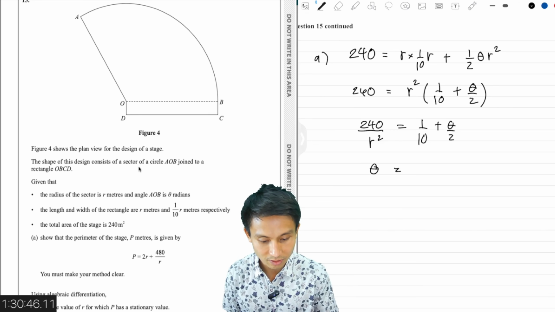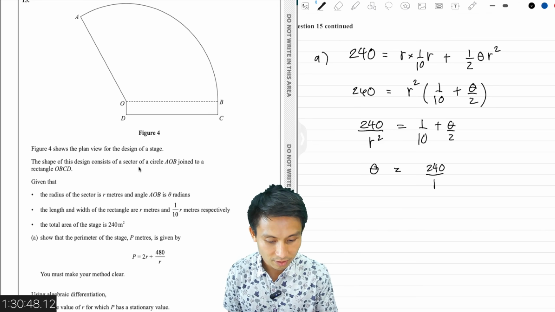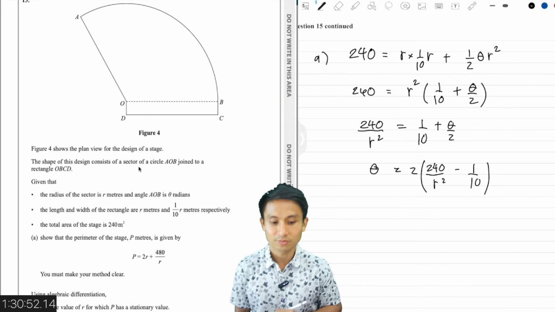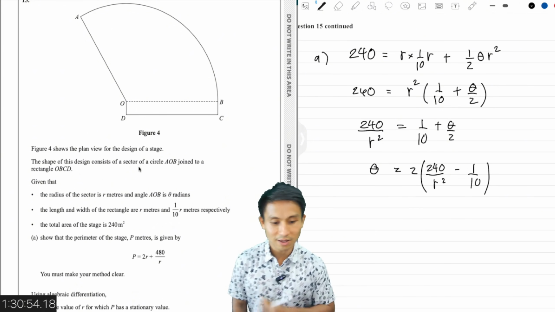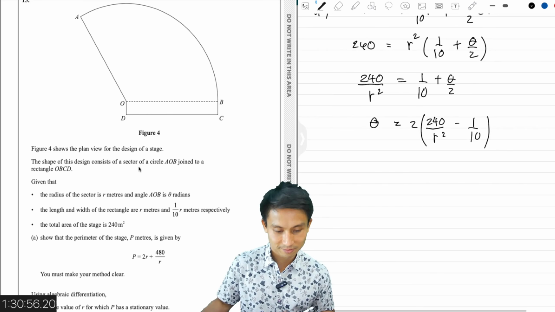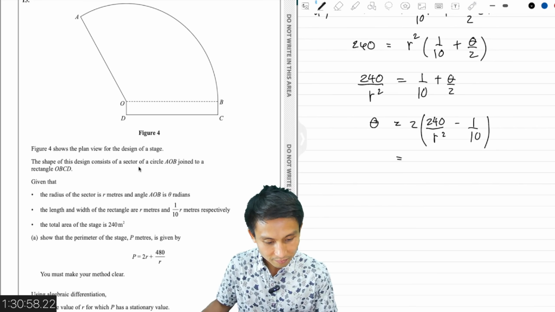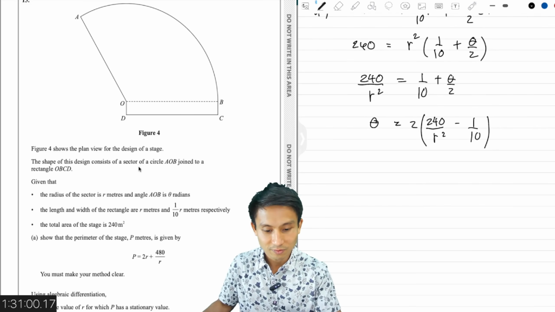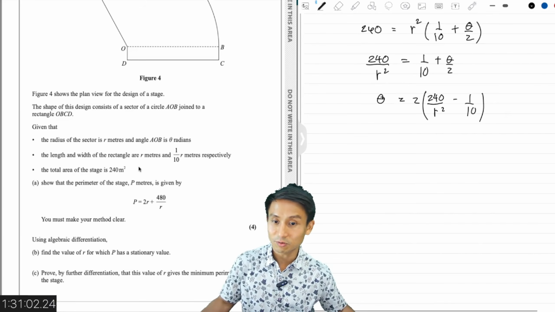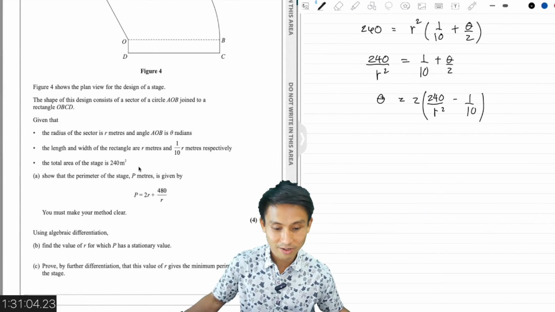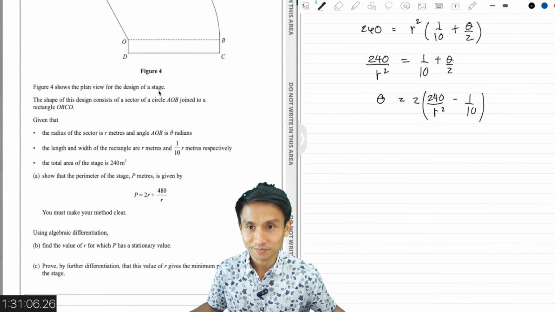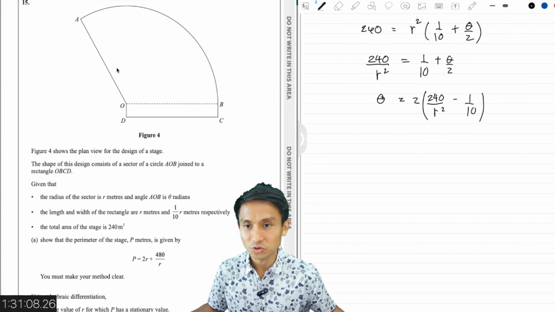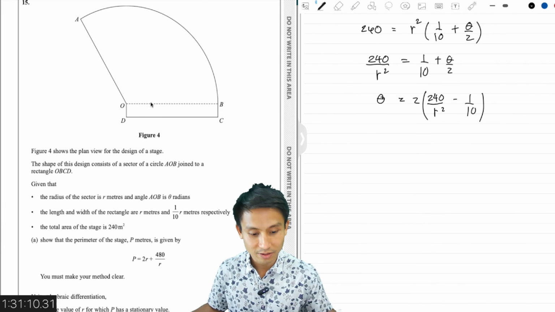So theta alone is just 240 divided by r squared minus 1/10, and then all multiplied by 2. Just moving bit by bit to the other side to make theta the subject. So let's keep it in that form, yeah? We don't need to simplify because they don't ask for theta. Now, perimeter, yeah? So you could find perimeter by doing r theta, right?